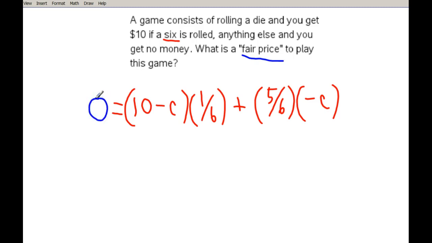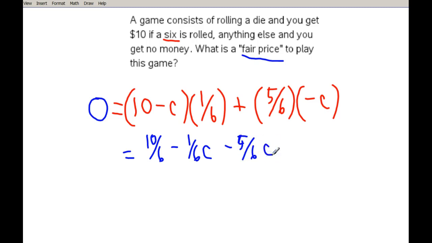So now I have an equation, and then it's just a matter of solving this equation and getting the right answer. So you might get something like 10/6 minus 1/6 c minus 5/6 c.